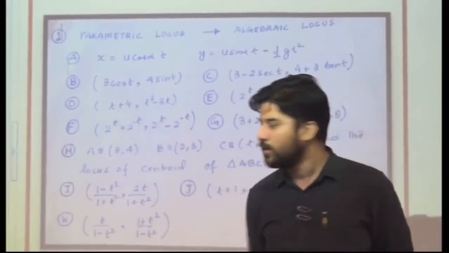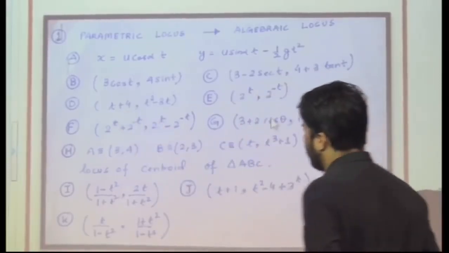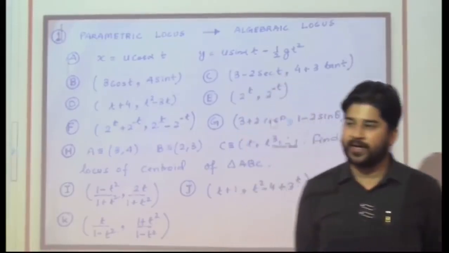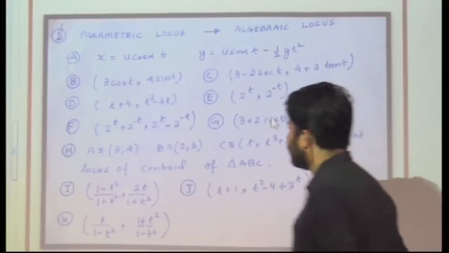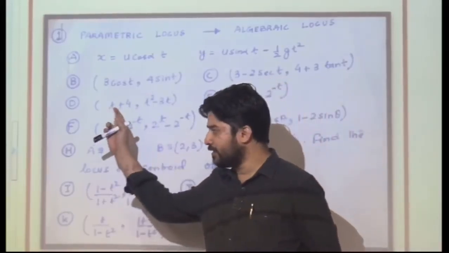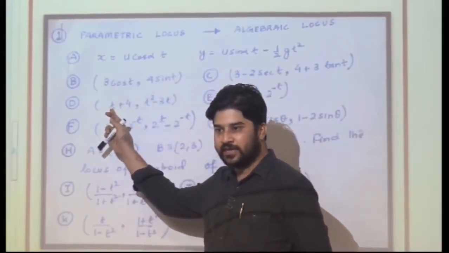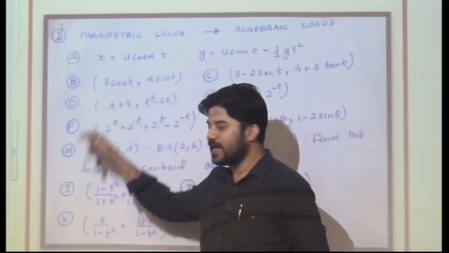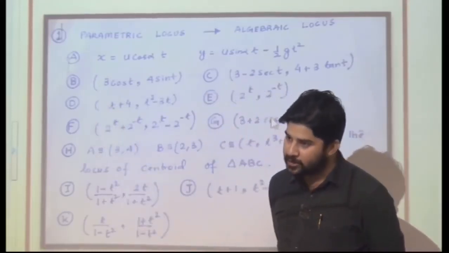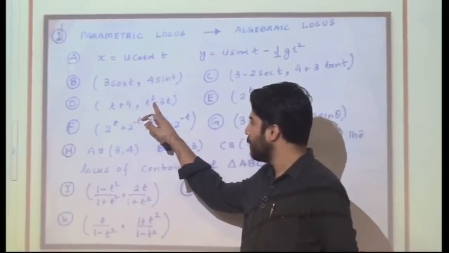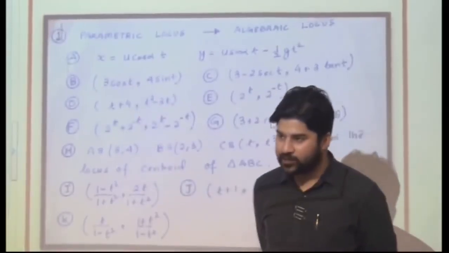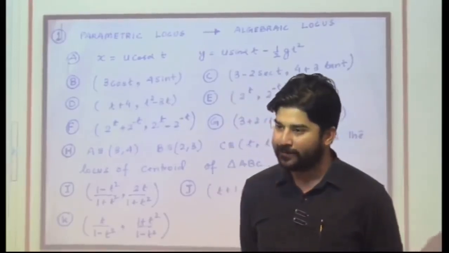Again t? Now your x is t plus 4 and y is t square minus 3t. What to do? Simple, I can write my t in form of x. So I can say t is actually equal to x minus 4. So I can say y is equal to (x minus 4) whole square minus 3 into (x minus 4), right?